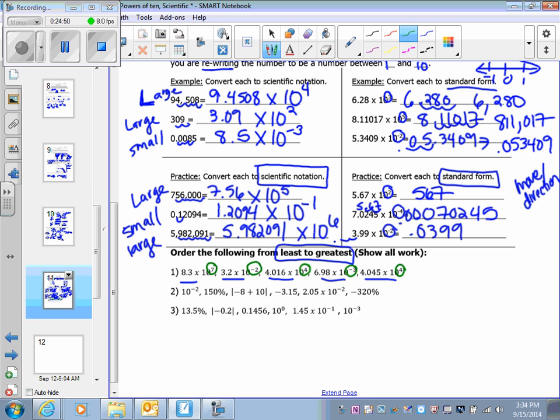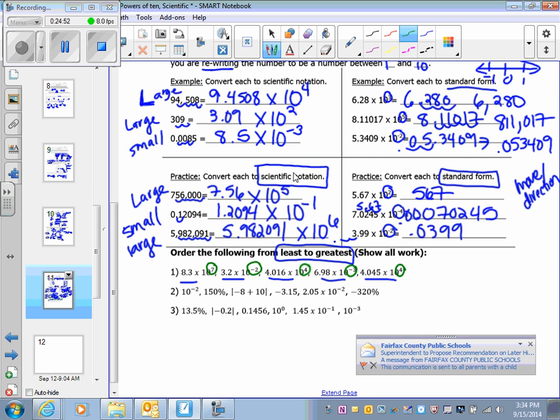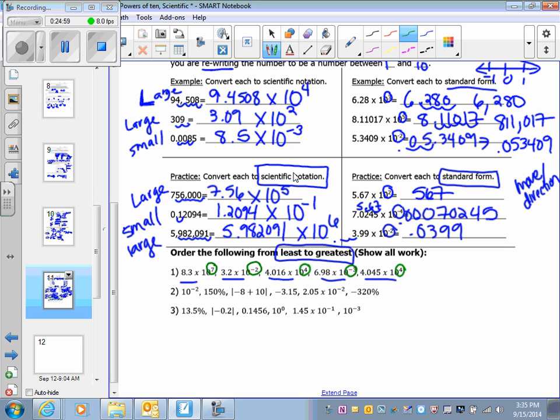Okay? And since it's least to greatest, I'm going to start with my negative exponent. 6.98 times 10 to the negative third would be first, because negative 3 is the furthest away from 0. Next, negative 2 is the furthest away, so that would be second.